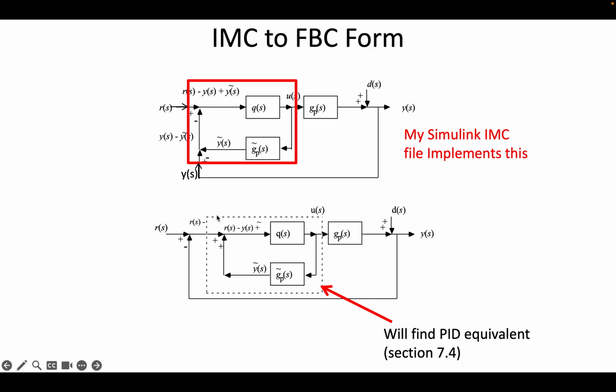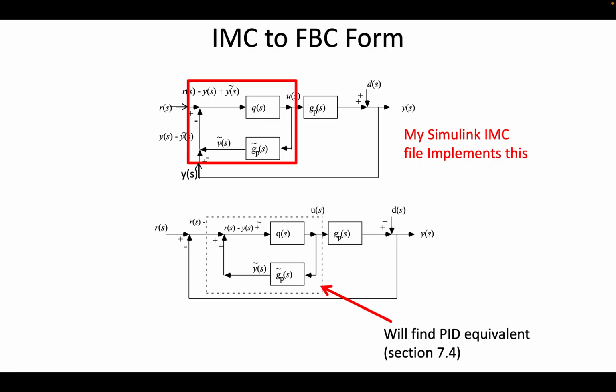here. Right? So what I have inside the dashed line includes the internal model controller Q, and it includes the model of the process GP squiggle. But if you just kind of block this out, you'd recognize that what's inside this dashed line actually looks like the controller GC.